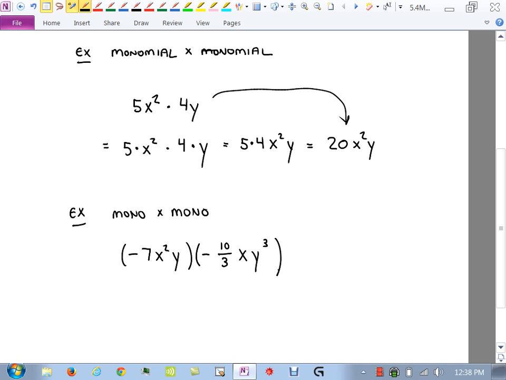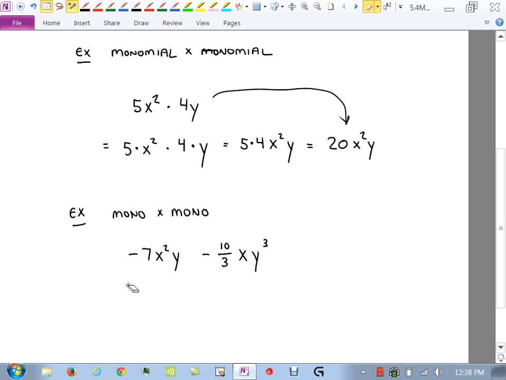Now something very subtle but important has happened here. I put parentheses around this, and I put parentheses around the second one, right? That separates the two monomials from each other. If I did not have those parentheses, would this be multiplication anymore? No, it would be me trying to take this term and subtract this term, and we wouldn't be able to combine them, right?